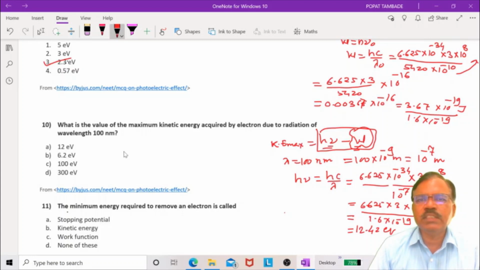So if this is 0, kinetic energy is 0. So generally the maximum kinetic energy can be at most h nu. So here generally half of this. So you will get this answer.